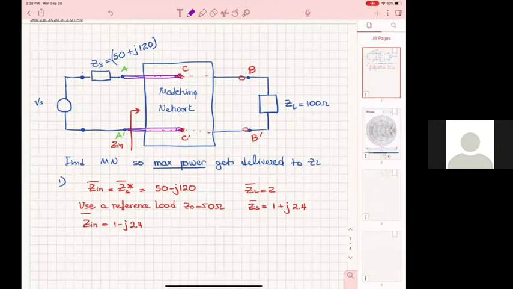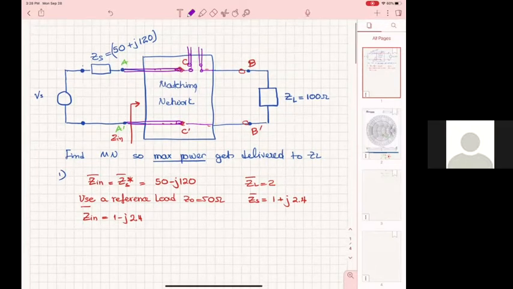And then I put between these points a stub. And I want to see what kind of impedance this stub is going to give. All right, so I do it like that.